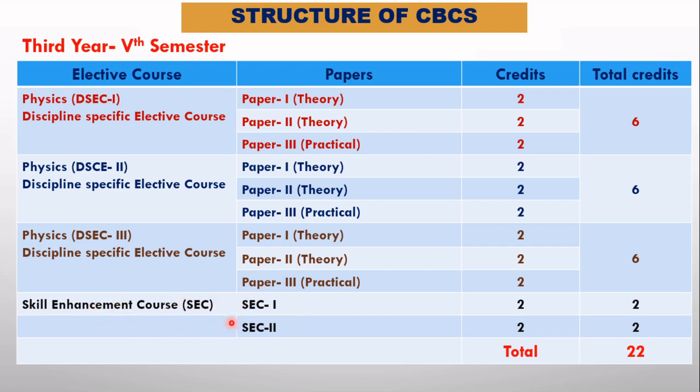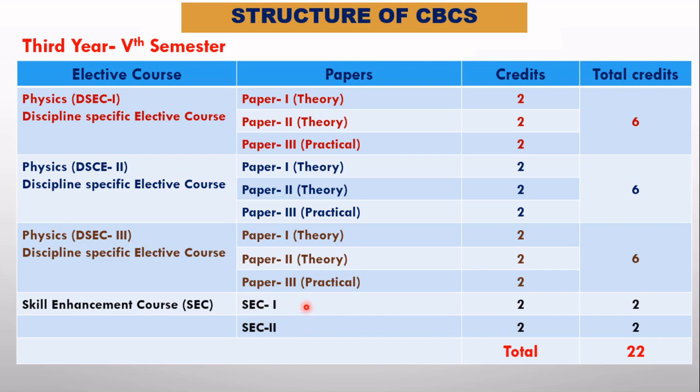It is also discipline specific, so the skill is dependent upon the subject. For example, in physics, we can take electronics. This is the skill enhancement course we can include in our syllabus.